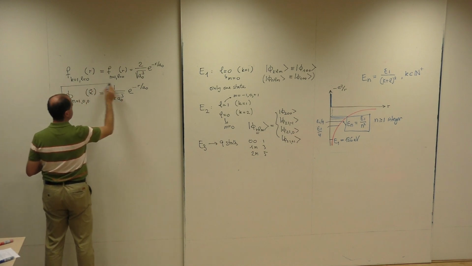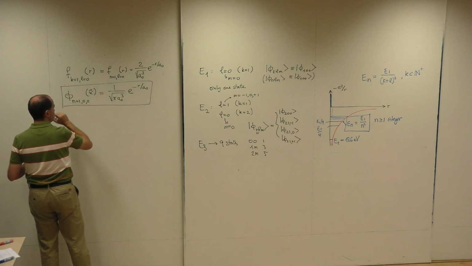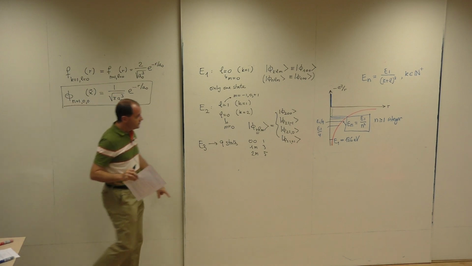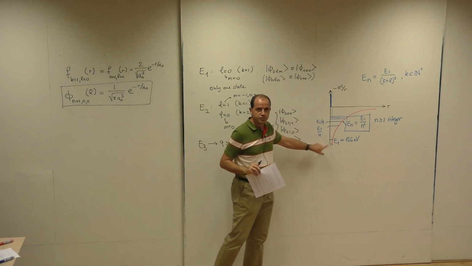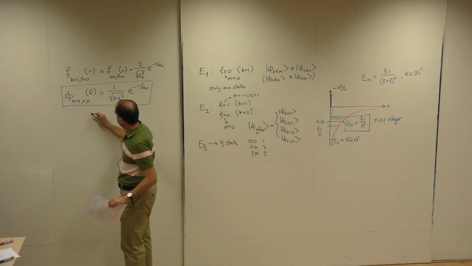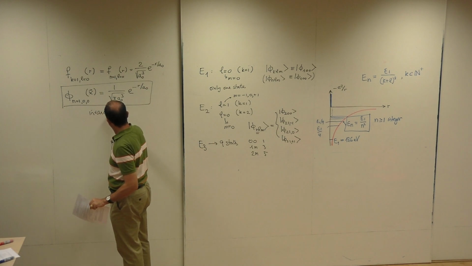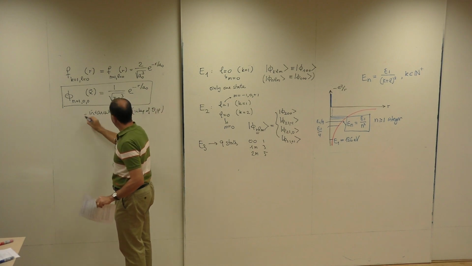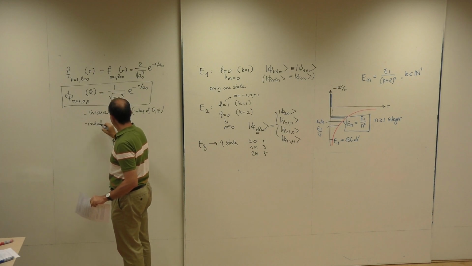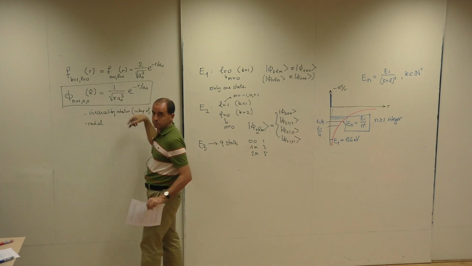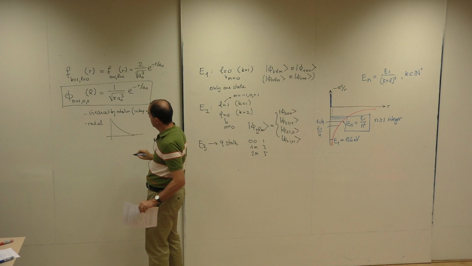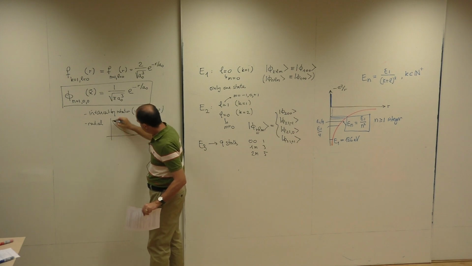So this is the wave function of the ground state of the hydrogen atom in all its beauty. You see, it's invariant by rotation, right? So, which means independent of theta and phi, and that the radial component is exponentially decreasing, something like that.